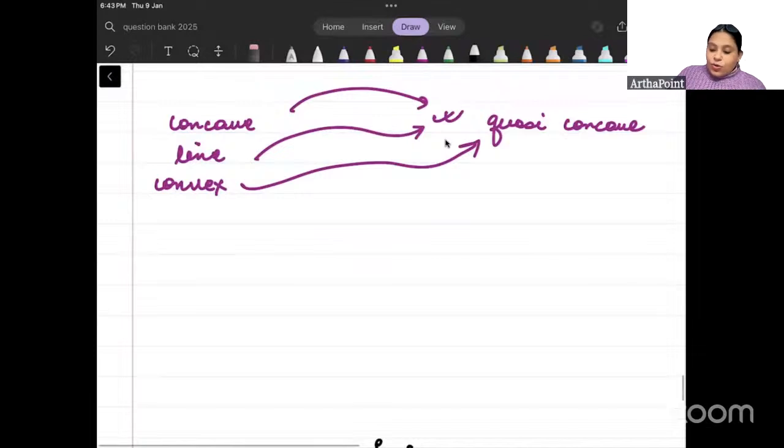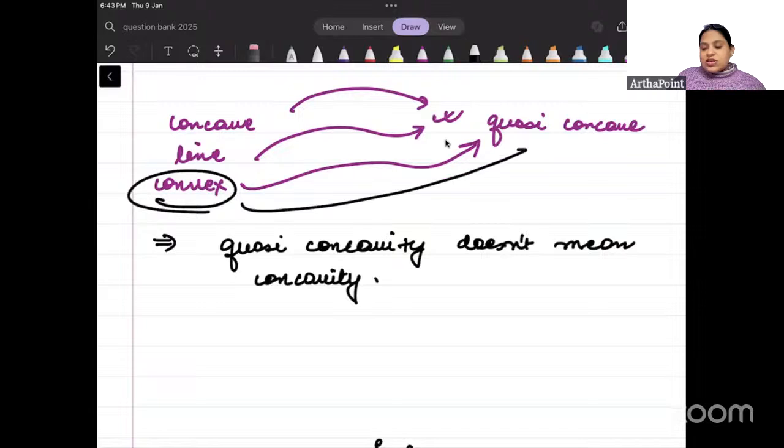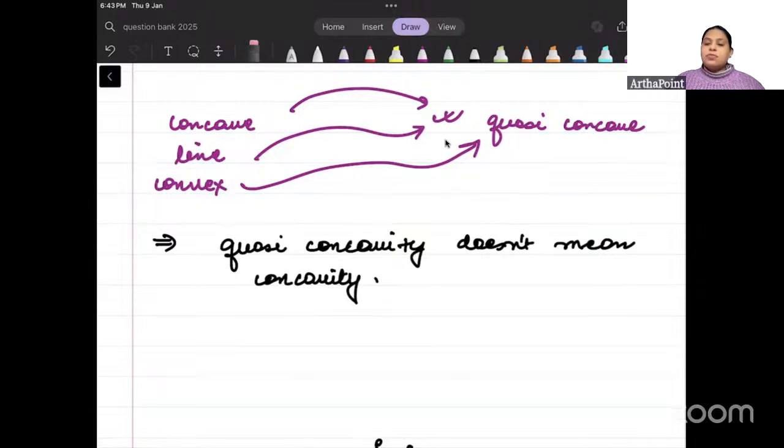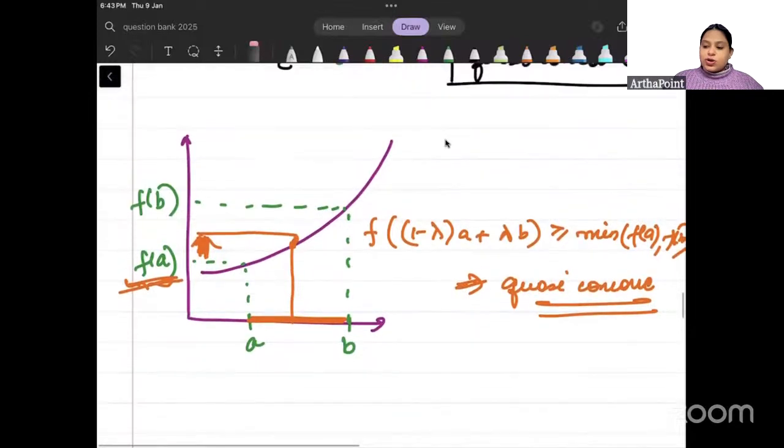So I can go ahead and I can say that quasi-concavity doesn't mean concavity. भाई convexity में भी तो quasi-concave हो ही रहा था. So quasi-concavity does not mean that a function is concave for sure. जो function convex थे, those functions which were convex, they also turned out to be quasi-concave.